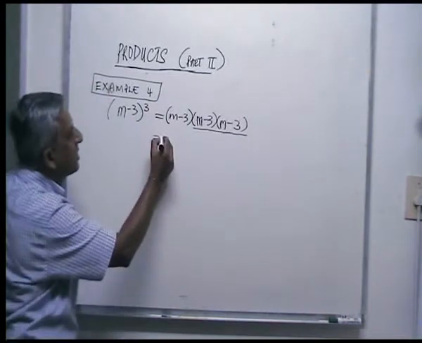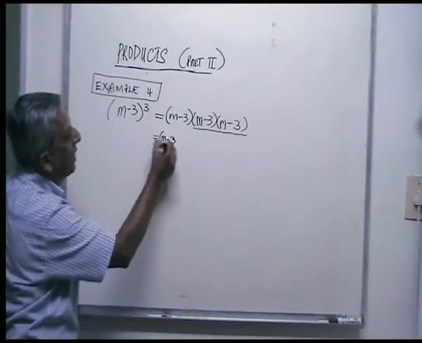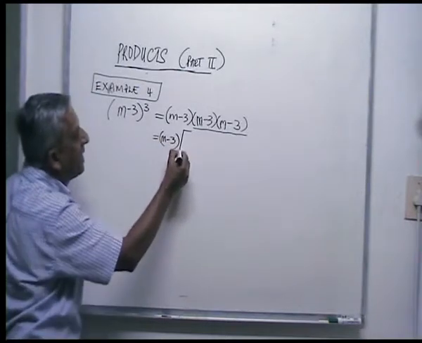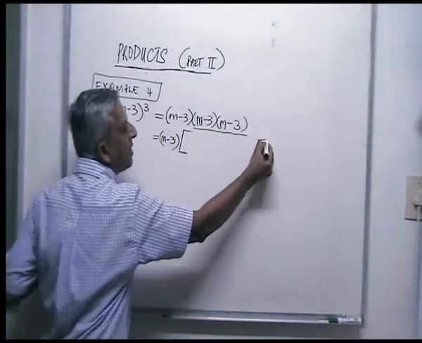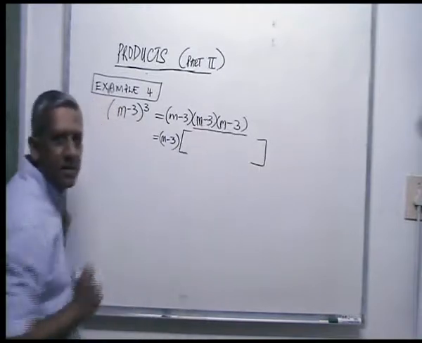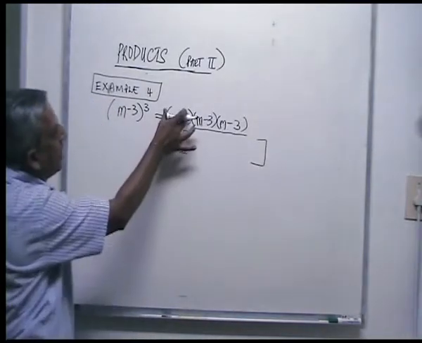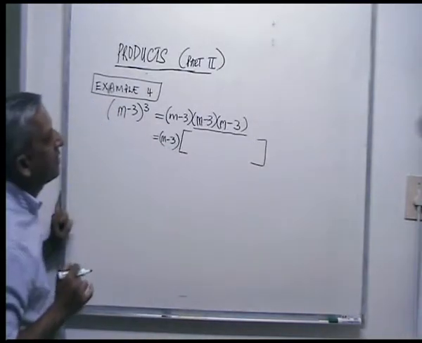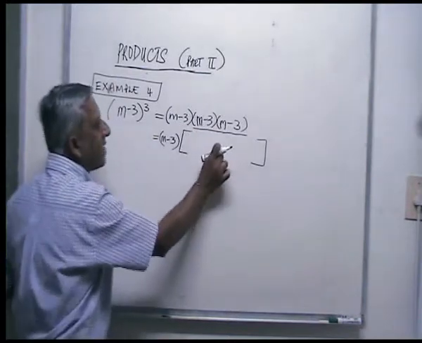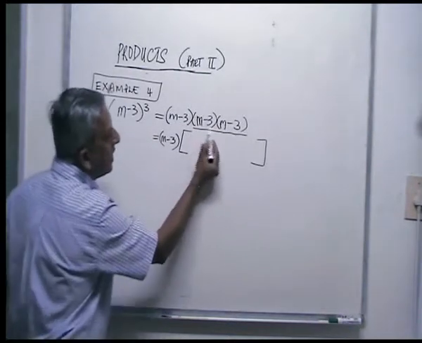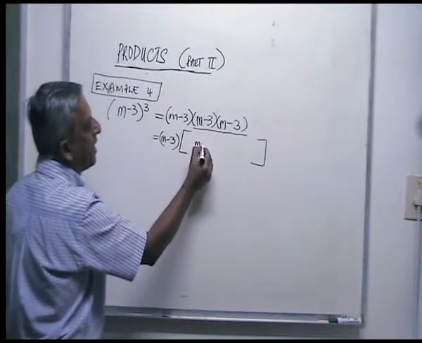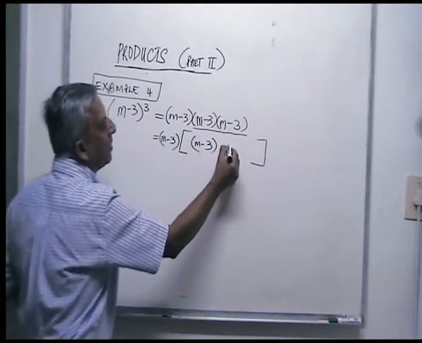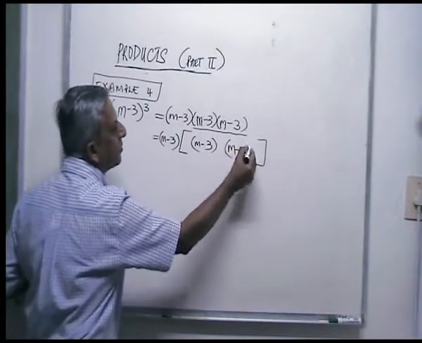So, this one will just come down like this. You just write it down like this. And that answer, we're keeping it in a square bracket. Right? So, write this first one down here just like that. And that answer will be inside over here. So, if I'm doing that part, I will have to write m minus 3 2 times.